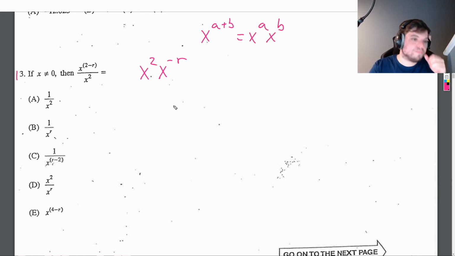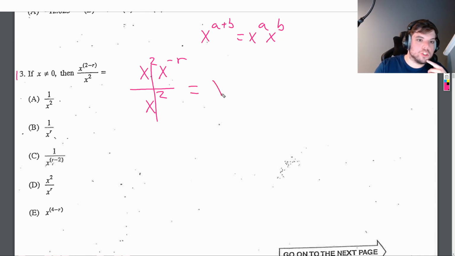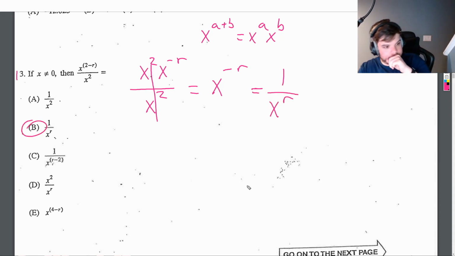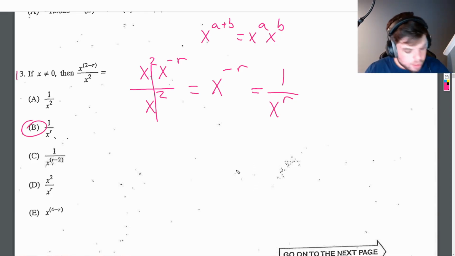So we know this, and this is divided by x squared. The x squareds are going to cancel, leaving you with just x to the minus r. Another way to write x to the minus r is 1 over x to the positive r. Making our answer B.